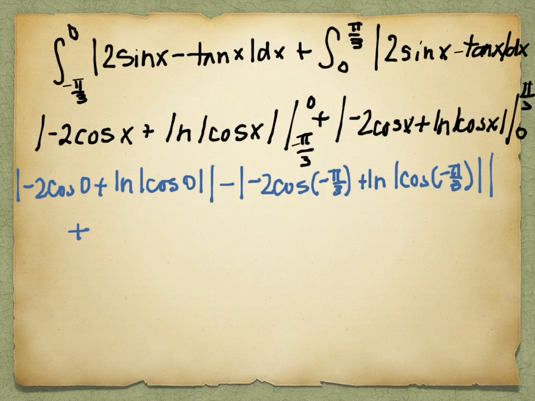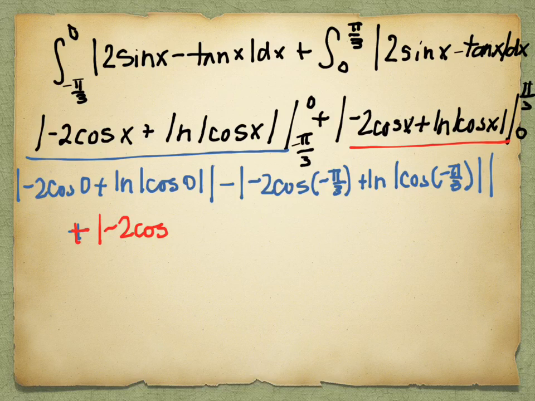Plus, so let me change colors so that you can identify which piece is which. This is my blue piece. Here's my red piece. Plus negative 2 cosine of pi thirds plus the natural log of the absolute value of cosine of pi thirds.